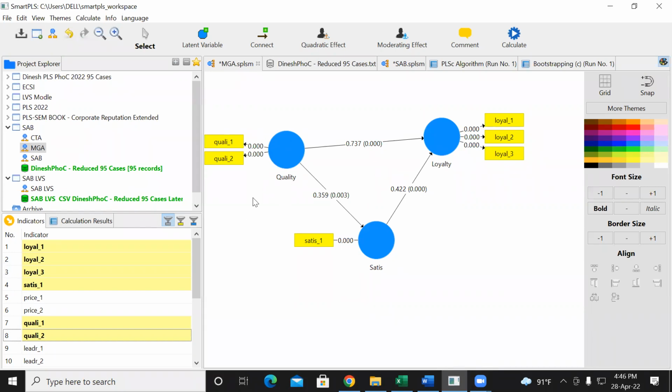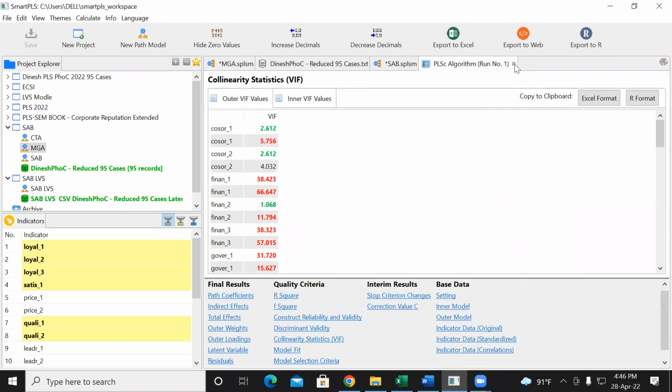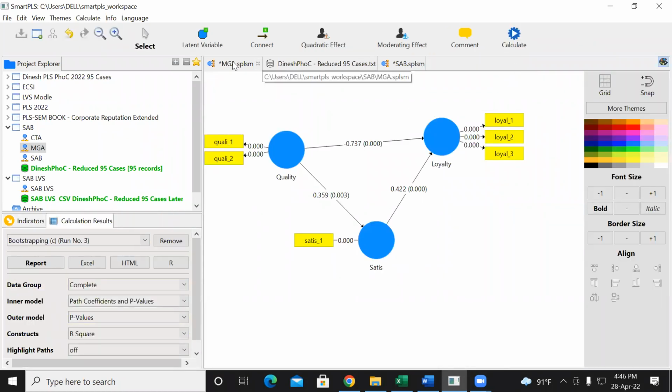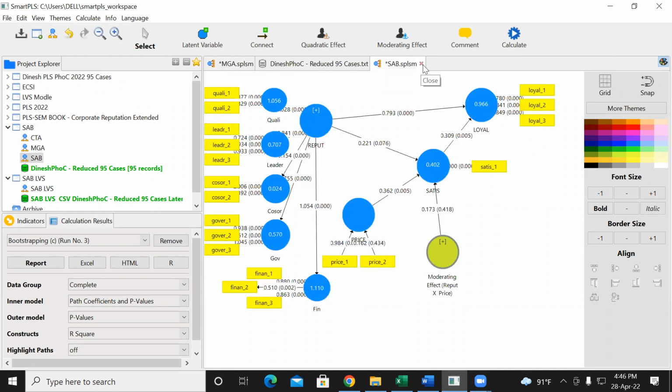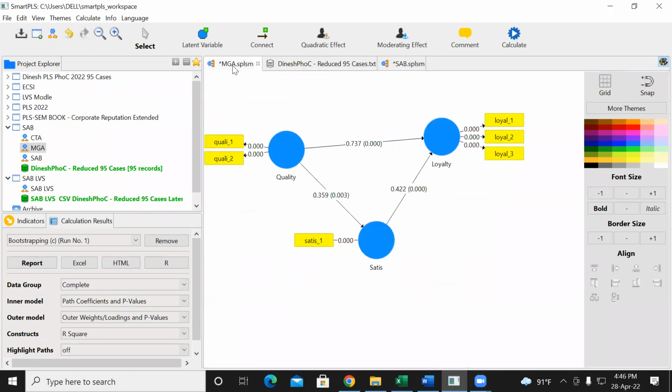I have independent variable quality, then satisfaction, that's a single indicator, then loyalty, three indicators are there. Now, this is the model.